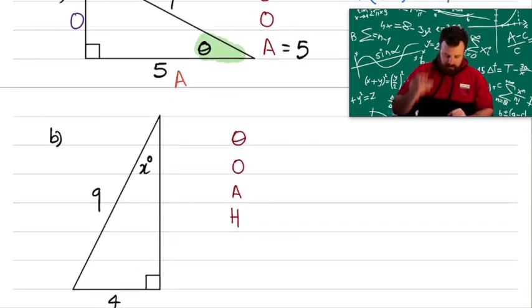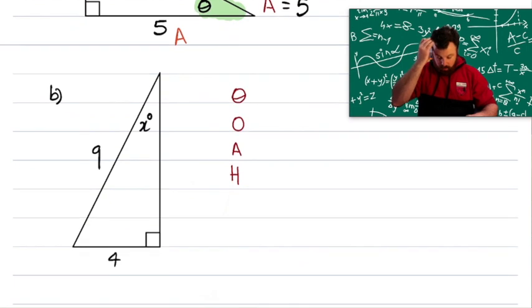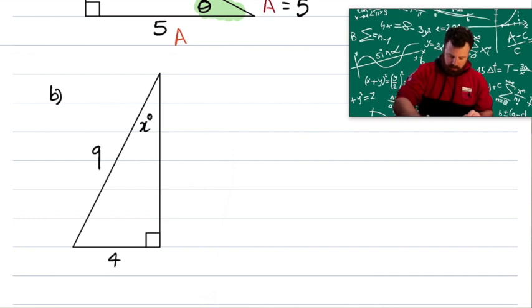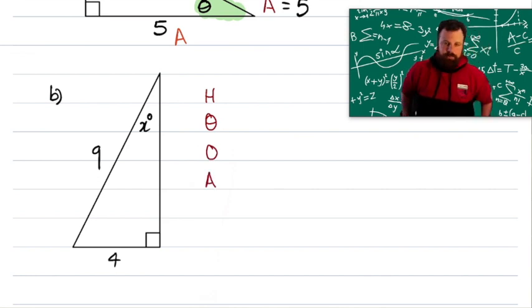All right, next example. Example B, again, I'm going to want to write my trigonometric ratio for this triangle. I've got that written in a different order, apologies. I want hypotenuse, I want reference angle, I want opposite, and I want adjacent. All right, so let's go through and label our triangle.